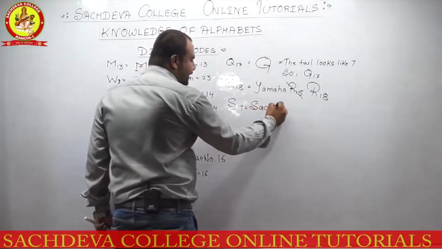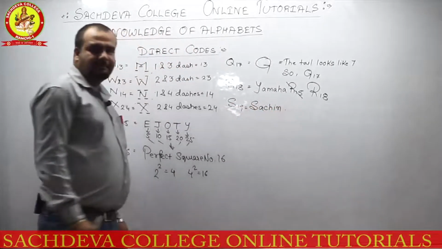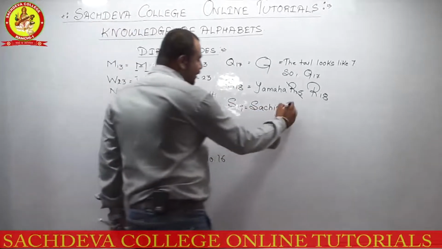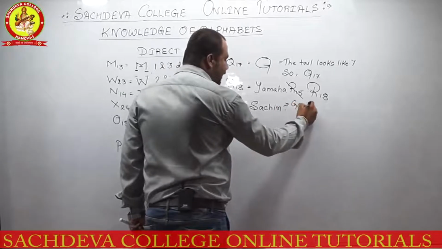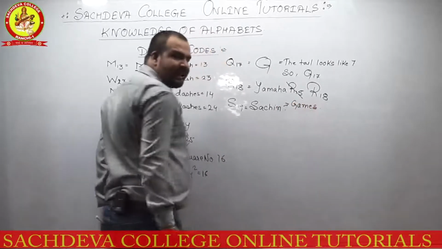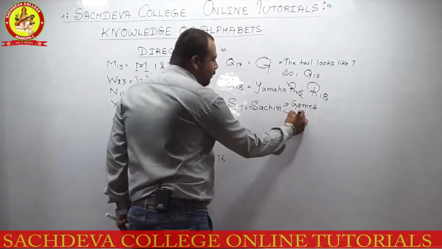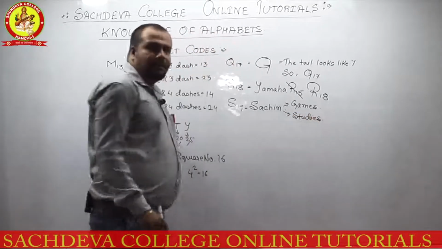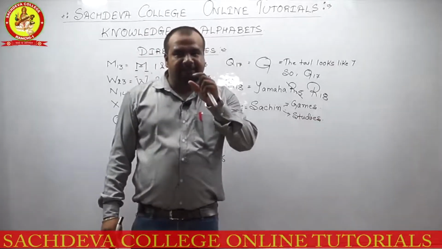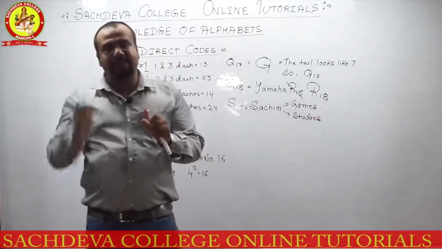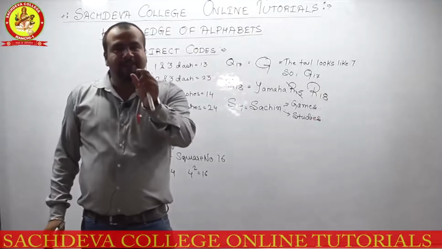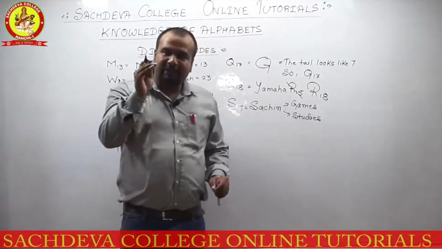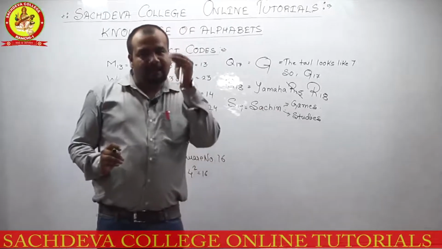Now, next we have S19. There is a cricketer's name from S, that is Sachin. Yes or no? Now, when we talk about Sachin, he was good at playing games, and he was not that good in studies. Do you understand the difference between 19 and 20? When we talk about 19, it means thoda kharab, and 20 means thoda acha.